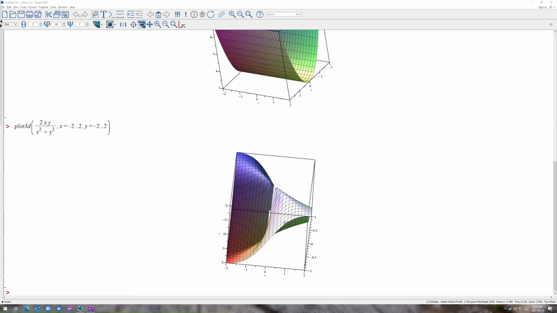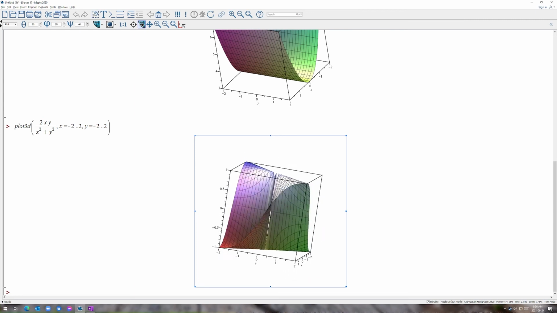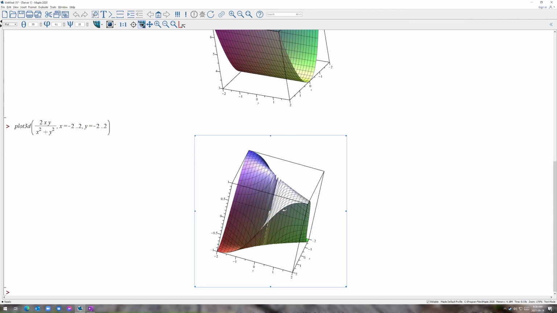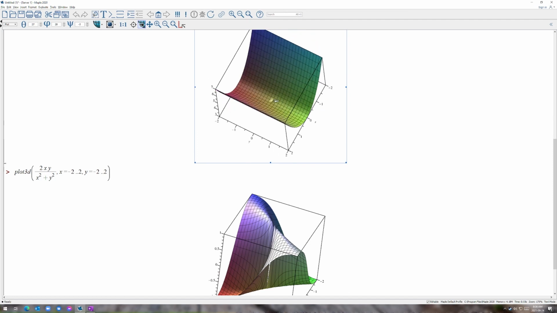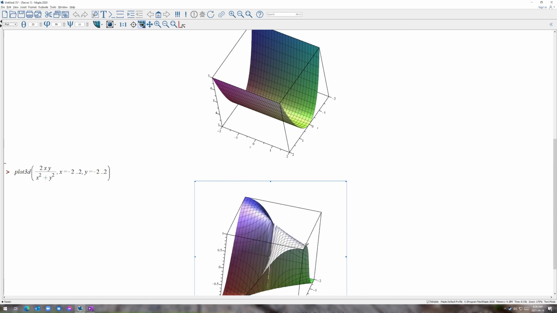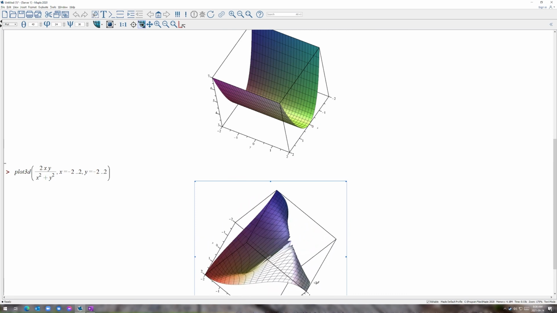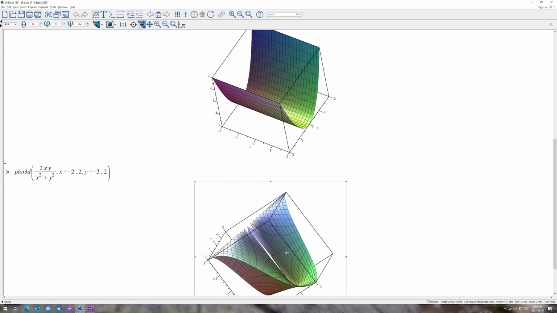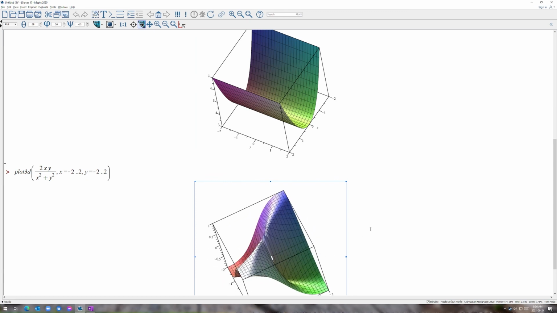So this is what it looks like to have the limit being different from different paths. And this is not a function that we can easily fix. Unlike this parabolic surface with just a tiny little hole in it, this one here has been pinched and it's basically not salvageable by just a little patch job. This is kind of analogous to a jump discontinuity in single variable calculus.